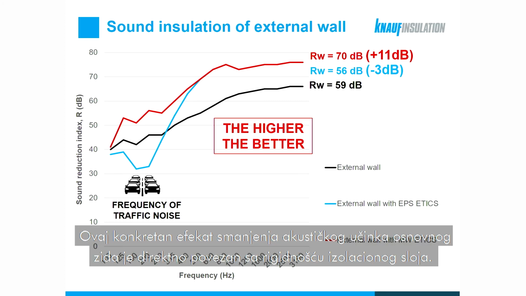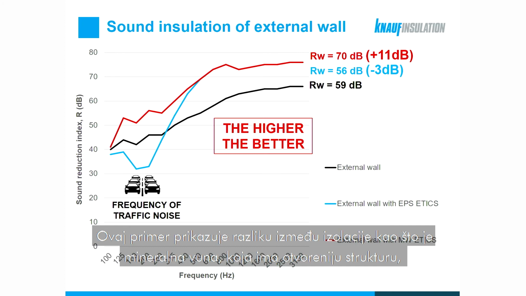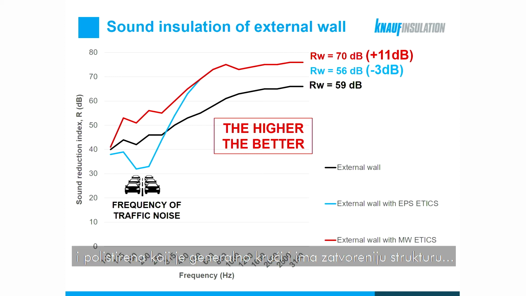So this particular effect of reducing acoustic performance of the basic wall is directly related to the rigidity of the insulating layer. So this example outlines the difference between insulation such as mineral wool, which has more open pore structure, and in this example the polystyrene, which is generally more rigid and has a more closed pore structure.